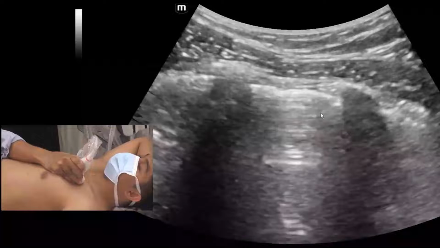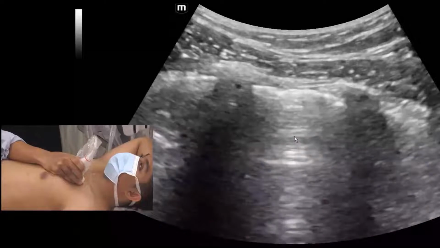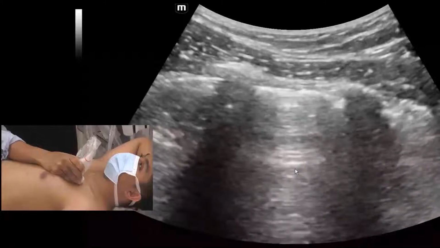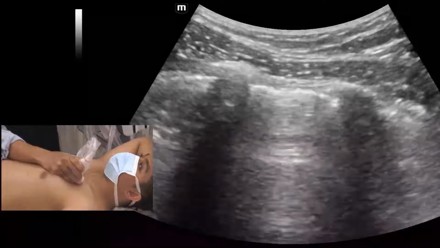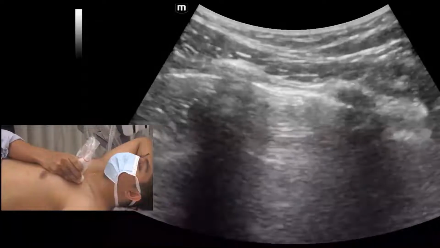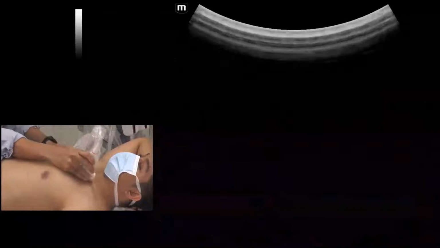It's probably not the best system to see the reverberations, but these are A lines. And as I mentioned in my lecture, A lines are physiological. There are no B lines demonstrated at this particular point.